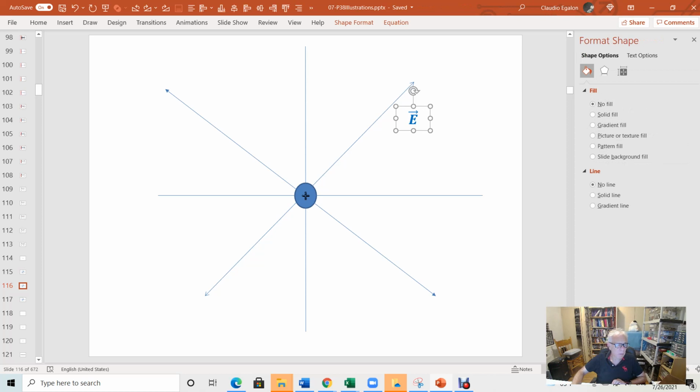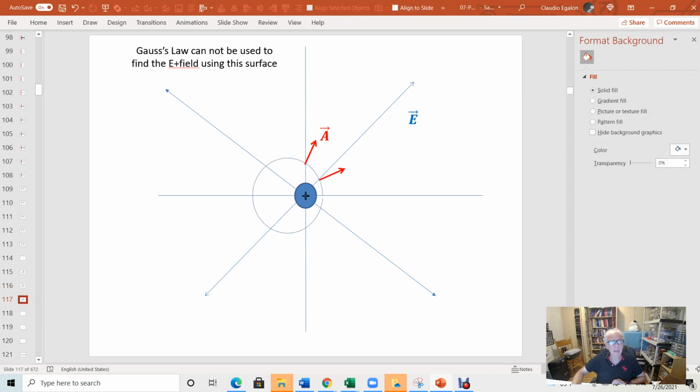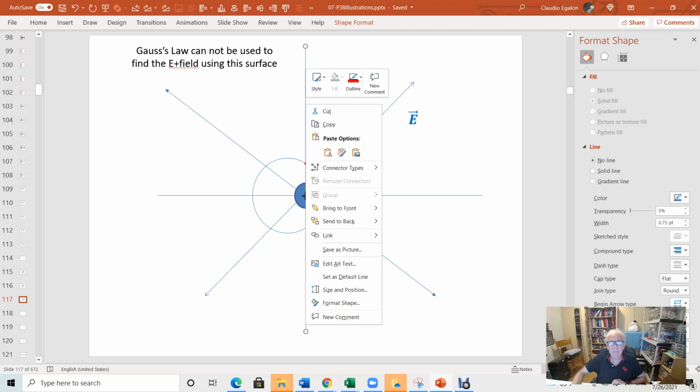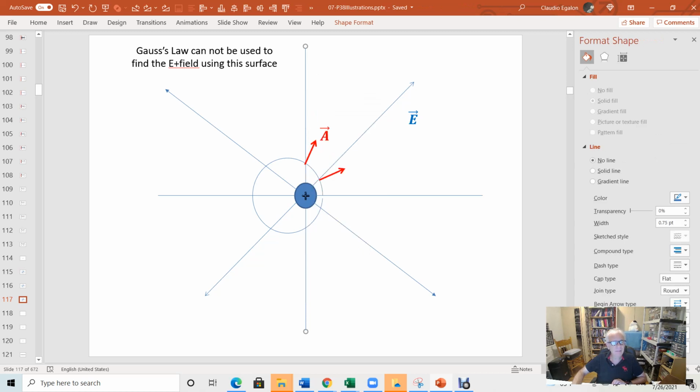Okay, so let's start with the most generic possible Gaussian surface, something like that. In this specific situation, what do you have? The area vector keeps on making different angles with respect to the electric field. Do you see that? So what does it mean?